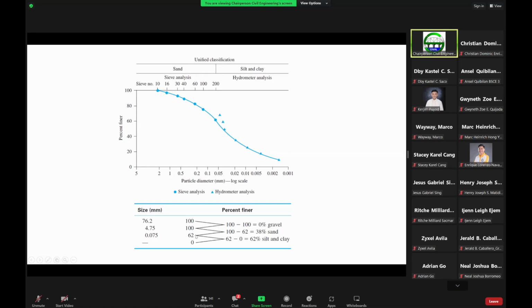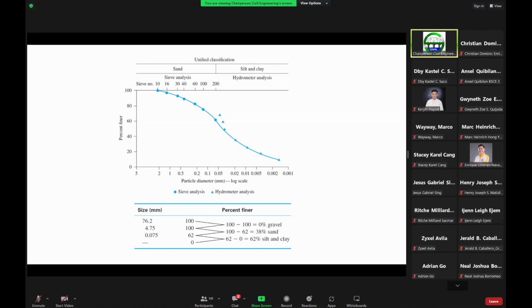Then 100 minus 62 means that's 38% sand between this range, 4.75 minus 0.075. I think this is for the US soil classification system. This is the boundary. Then if there's nothing left, we have about 62% of it is silt and clay.